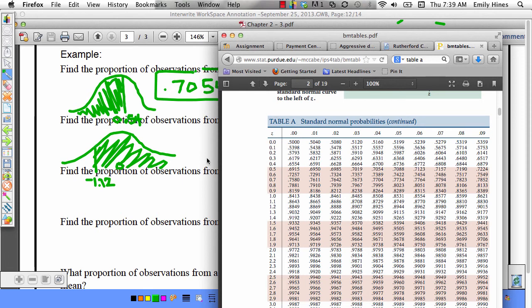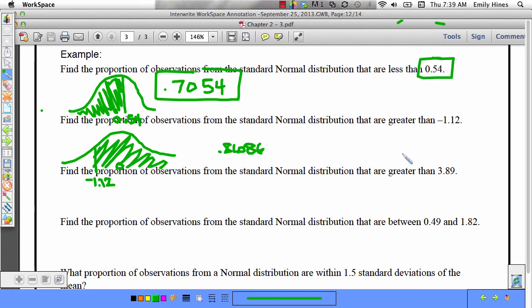Or since I'm already on the page with the positives, let's find what is less than positive 1.12, because since they are symmetric, it's going to be the same. So 1.1 would be here. This is 0.00, 0.01, 0.02. So my answer would be 0.8686. And notice right now they're giving me my z-scores, because they're telling me that this is a standard normal distribution, so that means that this is a z-score.